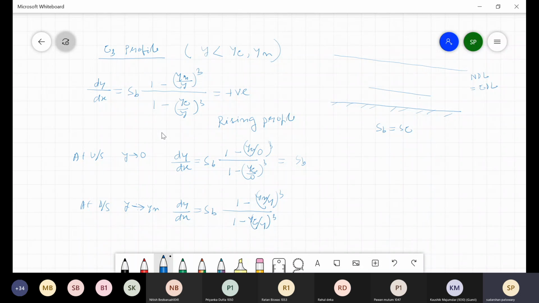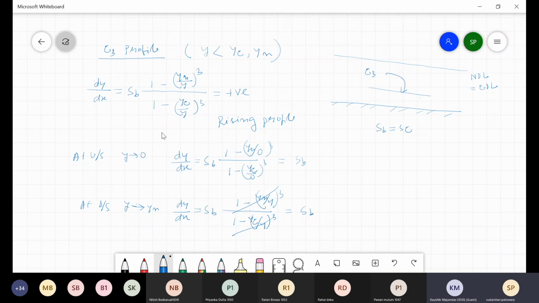This is also a whole cube. So they have written that this is also equal to Sb. That means these two terms cancel out directly because yn and yc are the same. So dy/dx is Sb. That's why they are saying that the C3 profile is a horizontal profile, parallel to your bed.